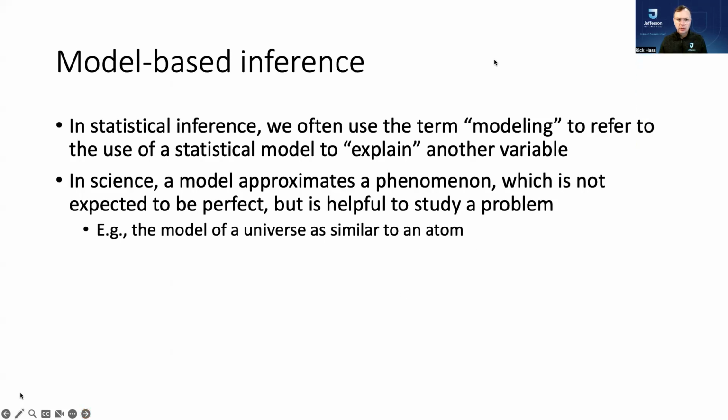So this week really starts our trajectory into what we call model-based inference. You're going to hear me refer to a statistical model a lot, or the regression model. What does that mean? It means we're trying to approximate a phenomenon. So maybe we're interested in relating, for homework, one of the outcomes is cholesterol.